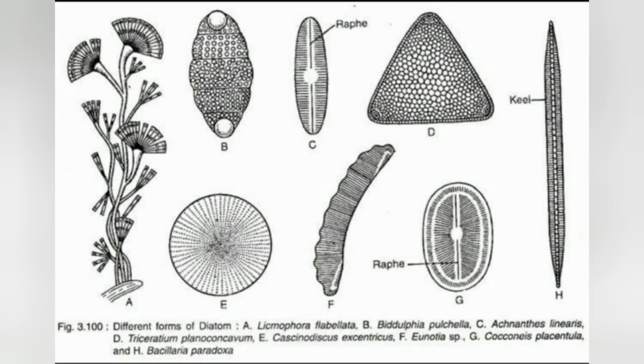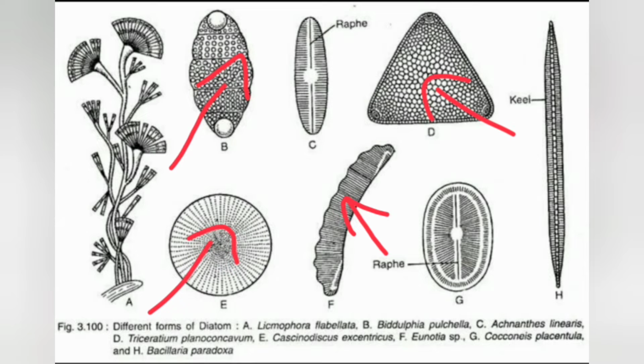Because of their diverse form, and also you can see these markings in their body. So different markings in their vegetative structure. They are delicately designed wall markings on these algae. That is why they are named the jewels of the plant world.